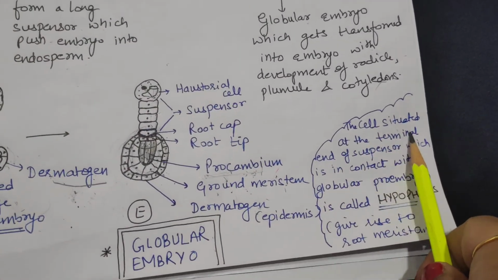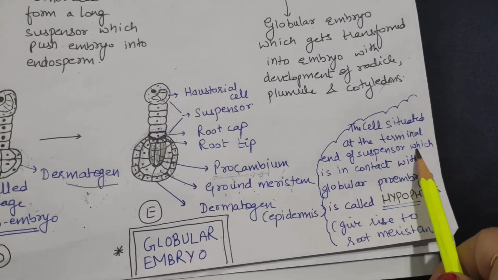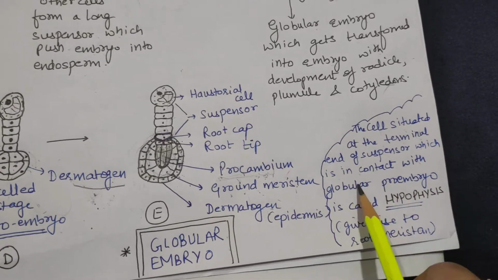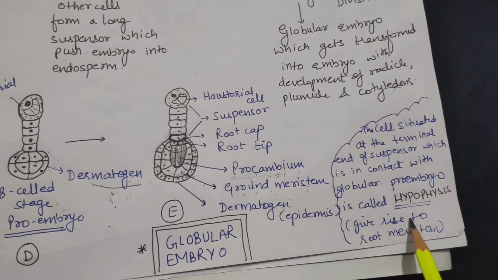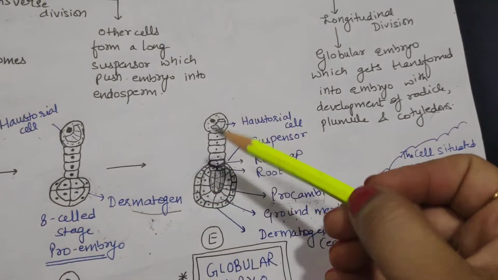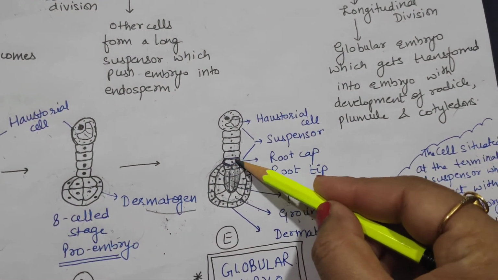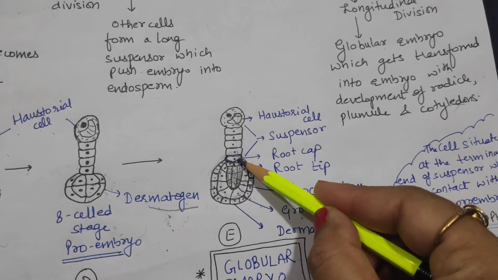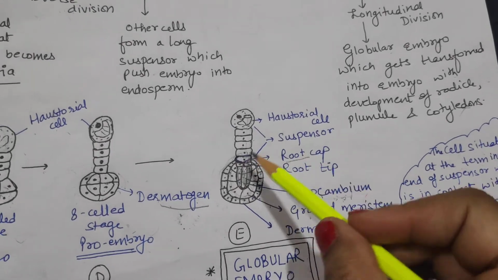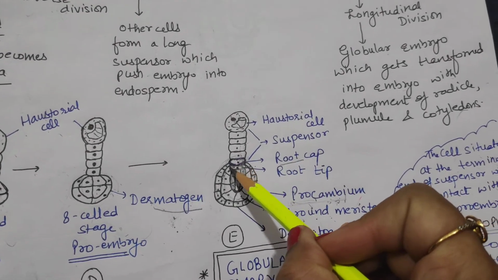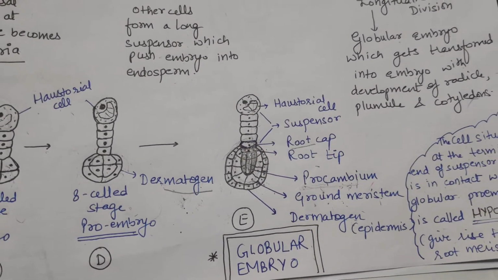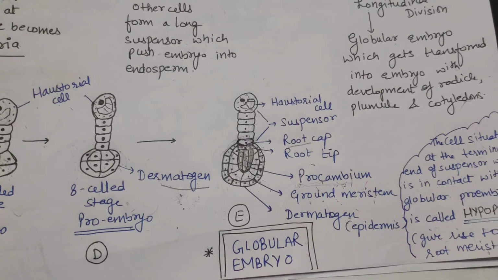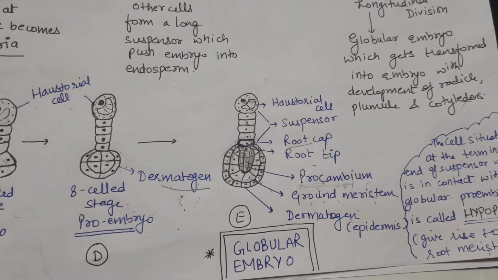The cell situated at the terminal end of the suspensor, which is in contact with the globular embryo, is called hypophysis, which later gives rise to the root meristem. Means from here the formation of the root will start. These cells will form the root cap. And if you can see this structure, this is called the root tip. So the root tip is going to be covered and protected by a covering called root cap.